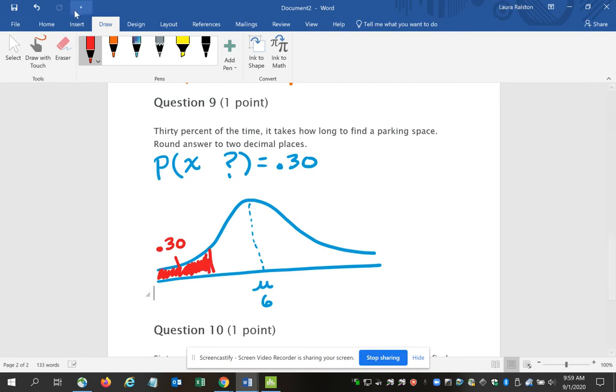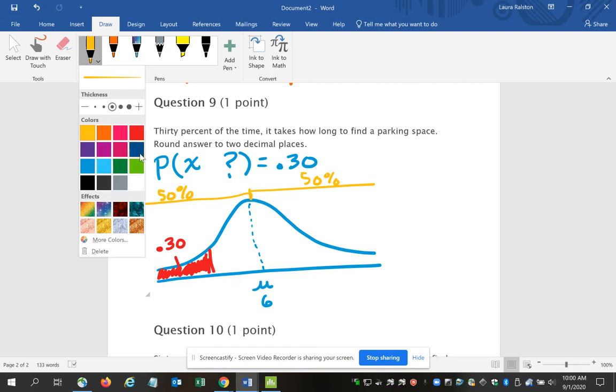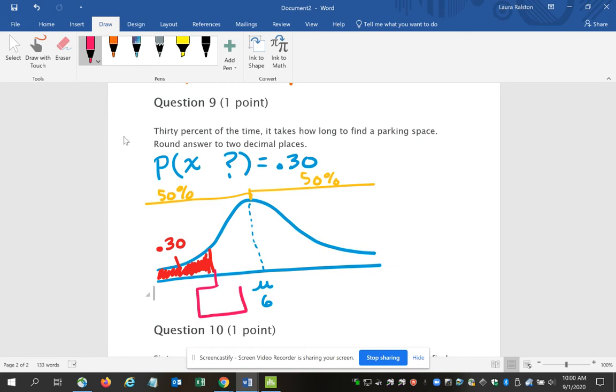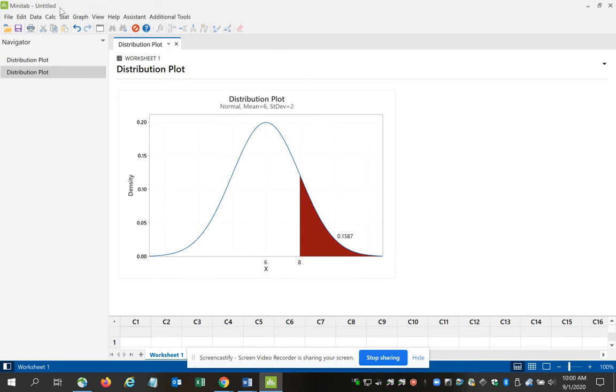So the mean divides your distribution so that you have basically 50% below and 50% above, which gives you the total of 100%. So 30% is less than 50%, so I know that it's there. So I already know the shaded region. What I'm looking for this time is the actual corresponding X value. What value would this correspond to? The process is not much different. We just have to make a couple of different selections.